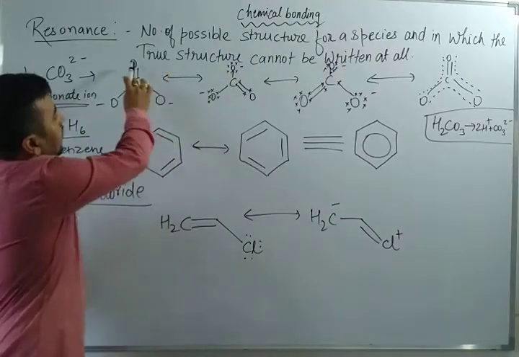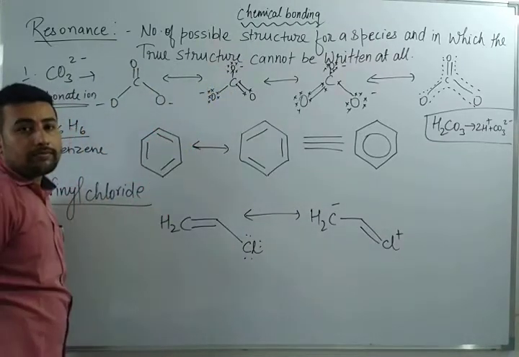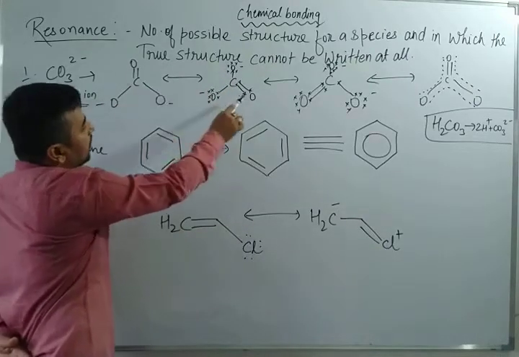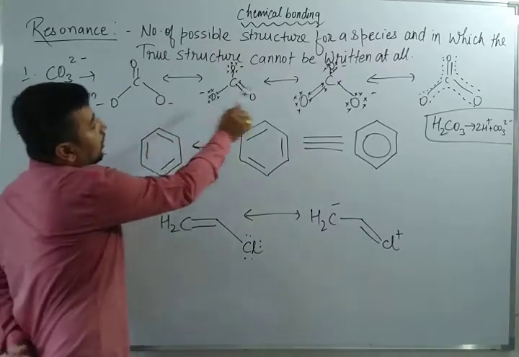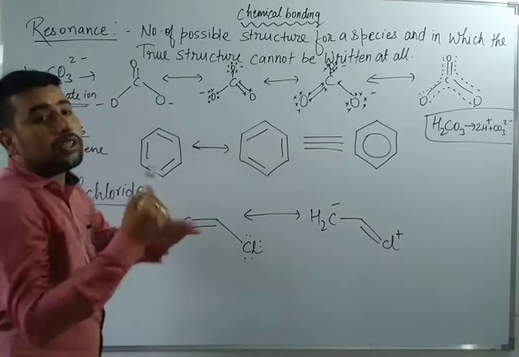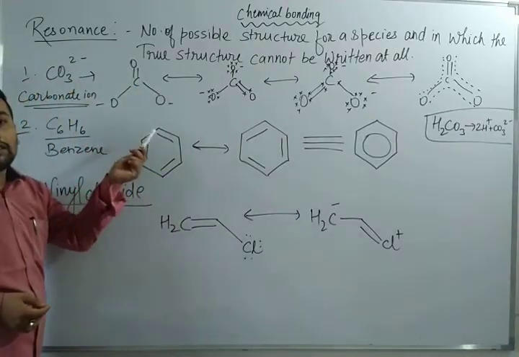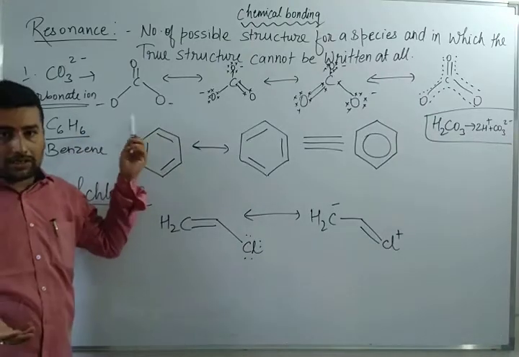As you can see, both these oxygen atoms have got a -1 charge, and here the double bond. Now if this third oxygen has got a double bond, you can just see what the electrons are doing. Earlier these two were electron rich, meaning they had more than 6 electrons.